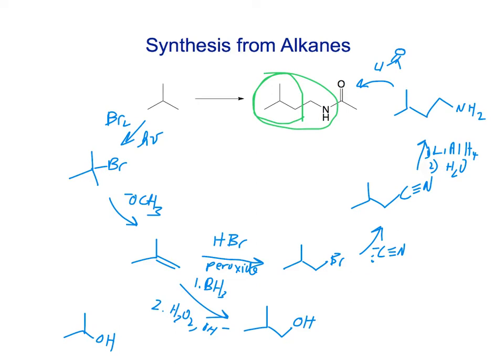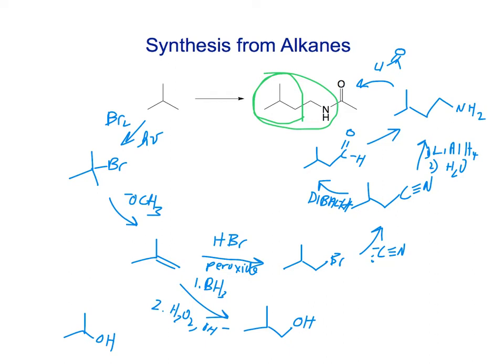We could get to that amine in different ways, though. It was suggested that if we add, say, DIBAL, we could go to this aldehyde. And we can't really go directly up to the amide, but we could go this way, and we have a way to just add one nitrogen on here.